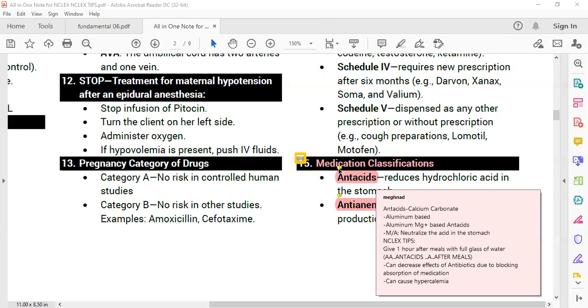Sometimes the NCLEX board asks questions I want to share with you. Antacids or proton pump inhibitors like lansoprazole, pantoprazole, omeprazole, or H2 receptor blockers like cimetidine, ranitidine, may reduce the effect of antibiotics.